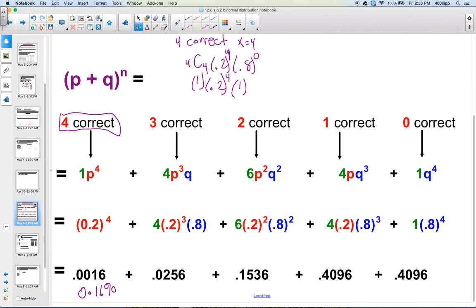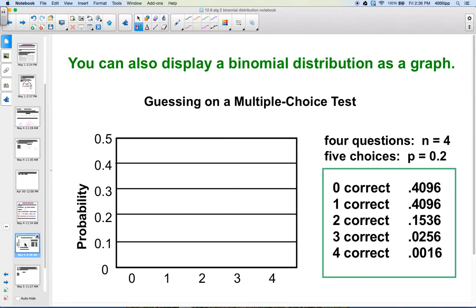And then you can go ahead and graph the probability if you have 0 correct. We just found what that was. That was about 41% or 0.40196. All right, here's my bar graph. Beautiful bar graph. 2 correct is about 15 or 0.15.